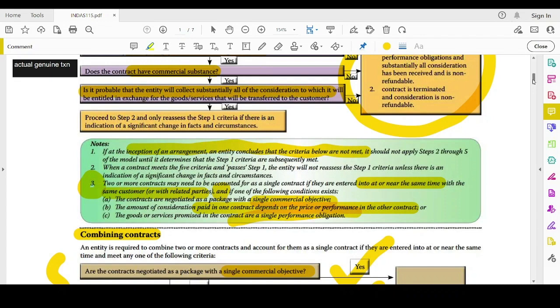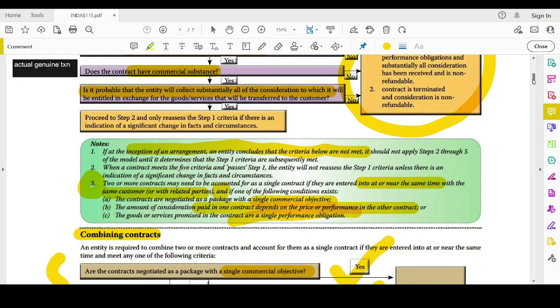The third note is that generally we will account for each contract as a separate contract, but there could be cases where contracts have been entered into at or near the same time with the same customer or related party. For example, I have entered into a contract on 30th of January with ABC Limited.